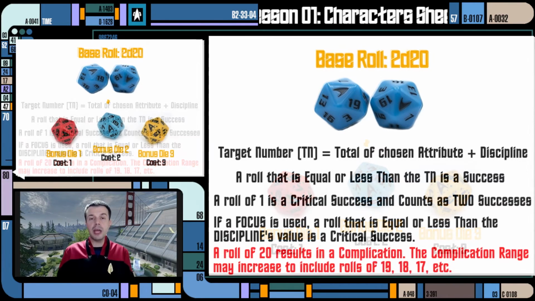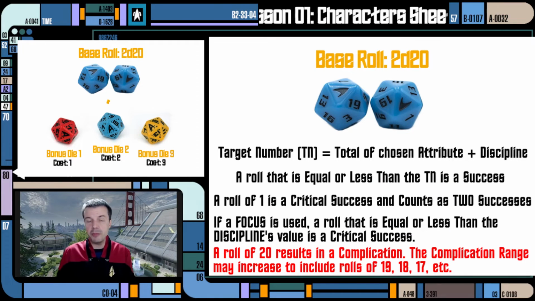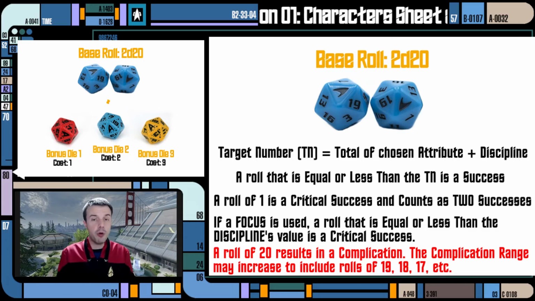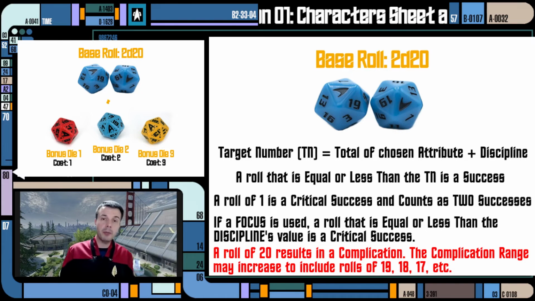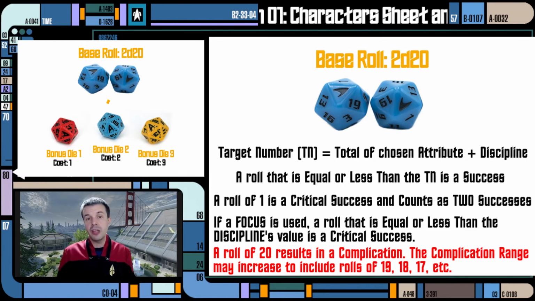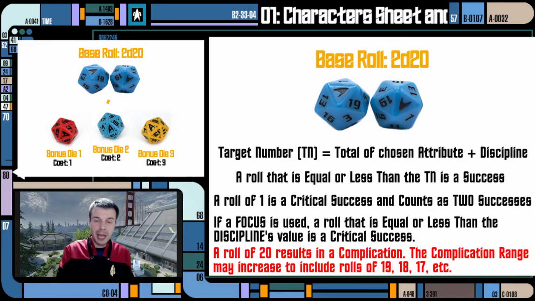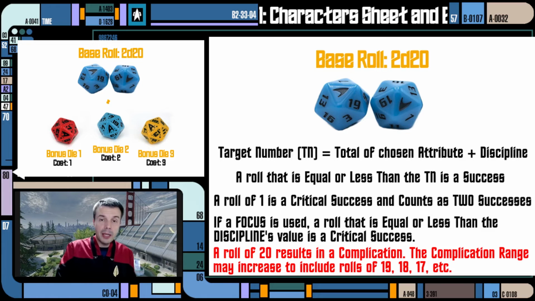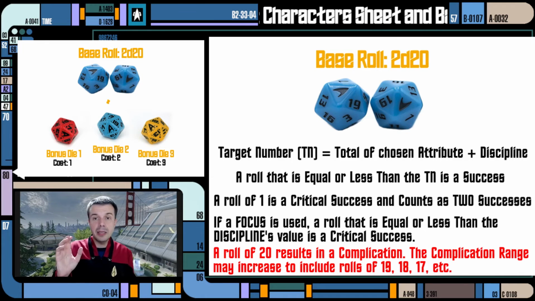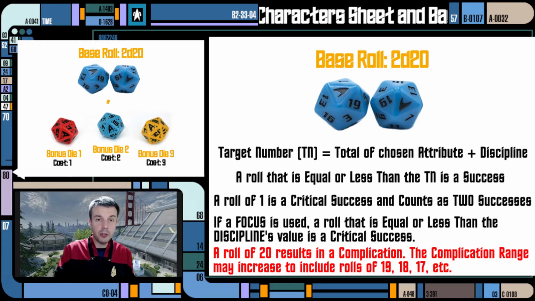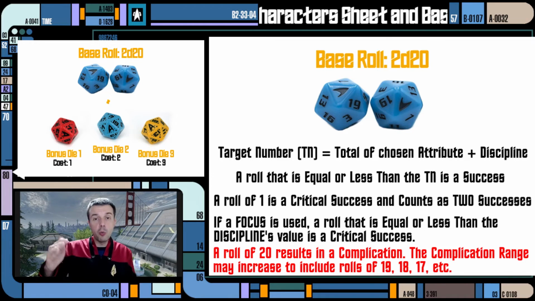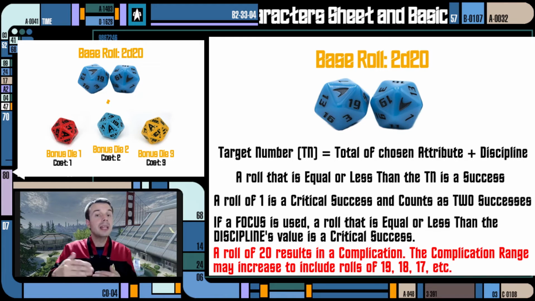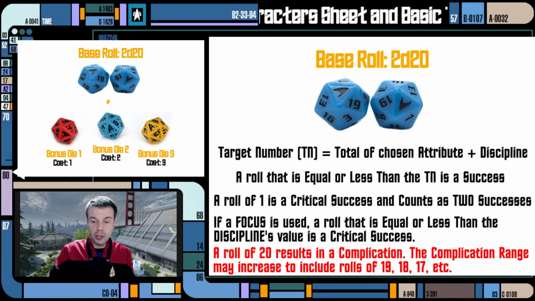Now, another way you could get critical success, as I mentioned before, if you roll a 1, that's a critical success. But if you have a focus that applies, in our earlier example, we were talking about using the sensors. My sensor focus applied. That means that not just 1, but my discipline value, that whole range, if the die roll comes up inside that range, then I also score a critical success.